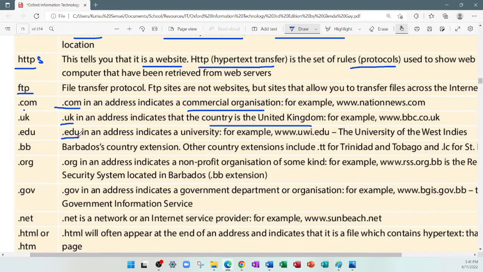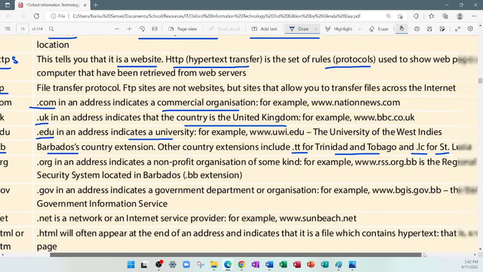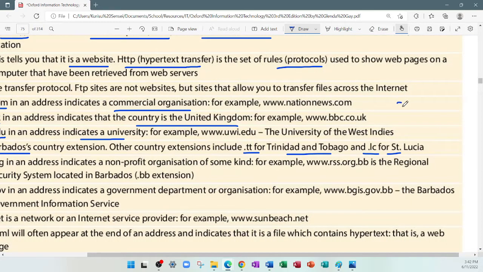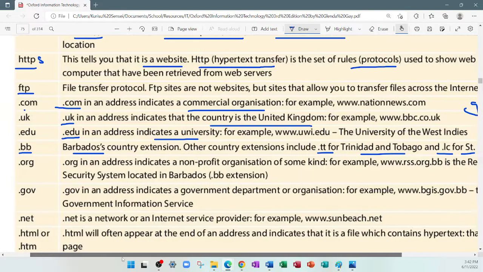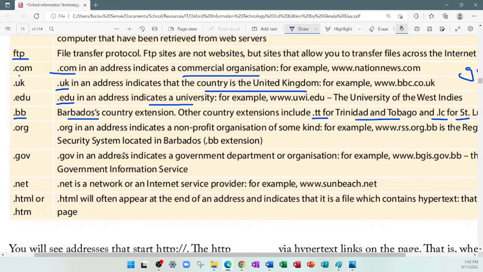A .edu means the website is for educational purposes. BB is for Barbados. TT is for Trinidad. LC is for St. Lucia. Even Guyana has one: GY. You guys ever access a website and saw .gy? Yes, sir. Right. So that's indicating you're accessing a website that was created in Guyana, that belongs in Guyana.